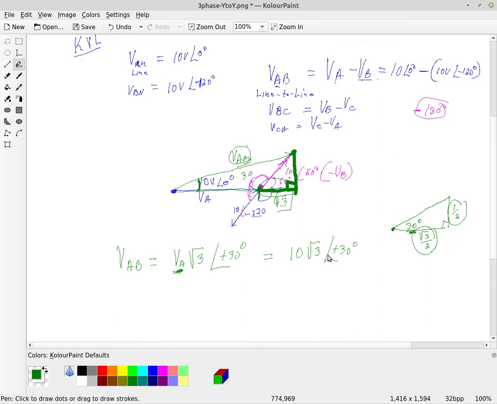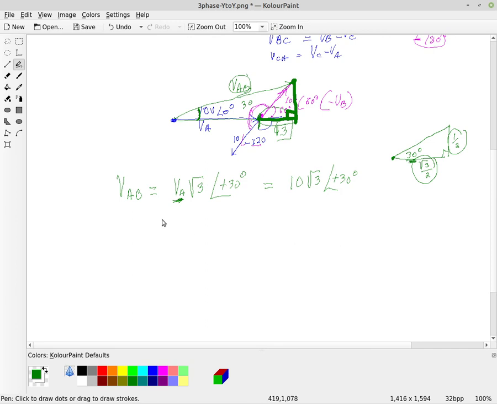And so what you see in three-phase systems, when you look at the voltage, VAB is the line-to-line voltage, and it's equal to the square root of 3 times the magnitude of the line from A to neutral, at plus 30 degrees.